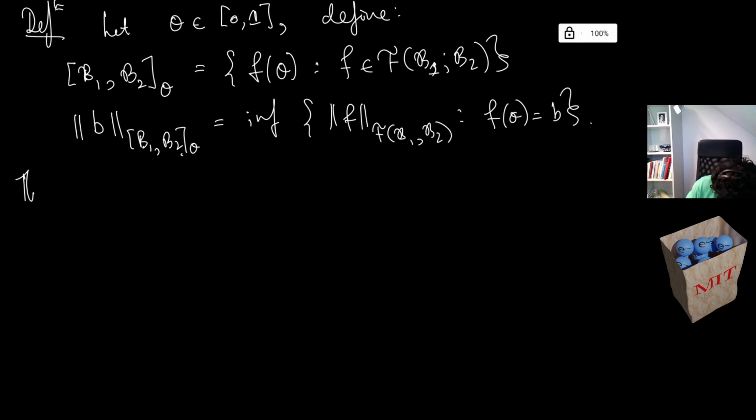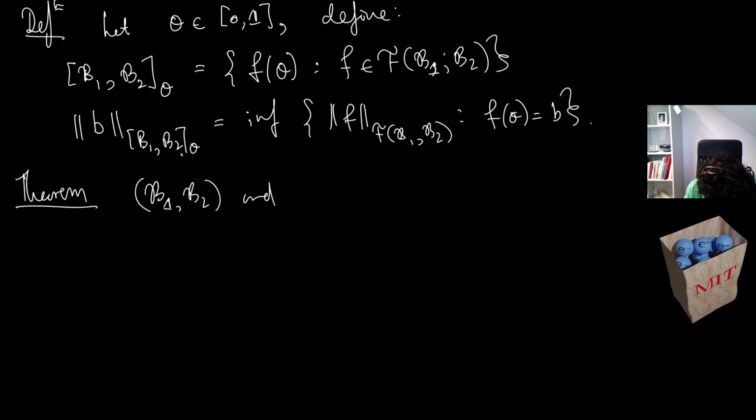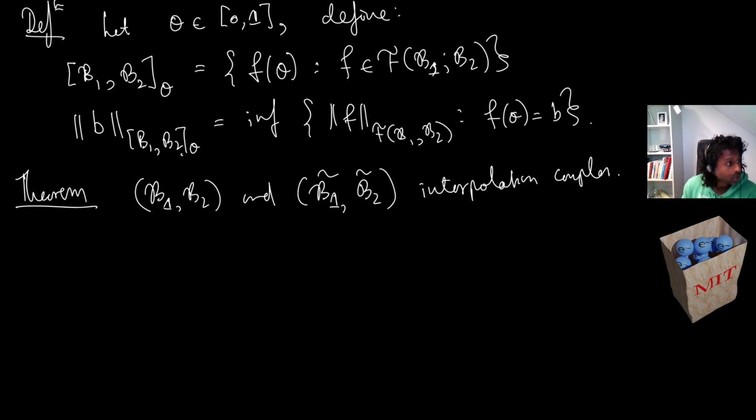The theorem. So suppose we have two interpolation couples, B1, B2 and B1 tilde, B2 tilde are interpolation couples. Okay, so 1.